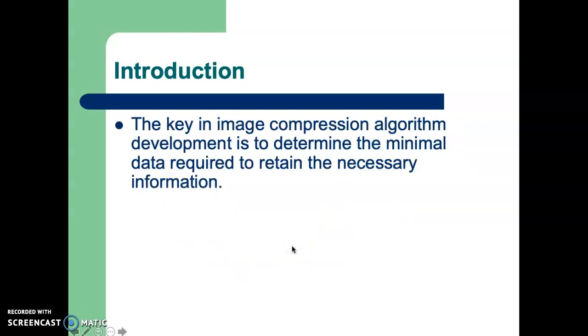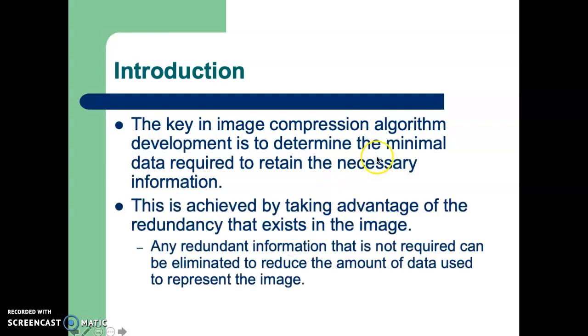So the key in image compression algorithm development is to determine the minimal data required to retain the necessary information. Retaining the necessary information is the important factor to be considered when you apply an image compression algorithm.